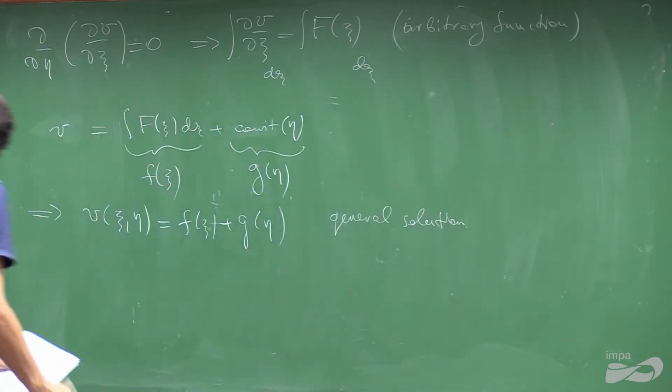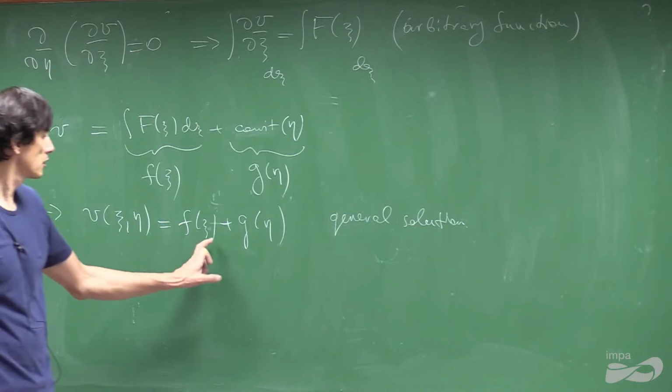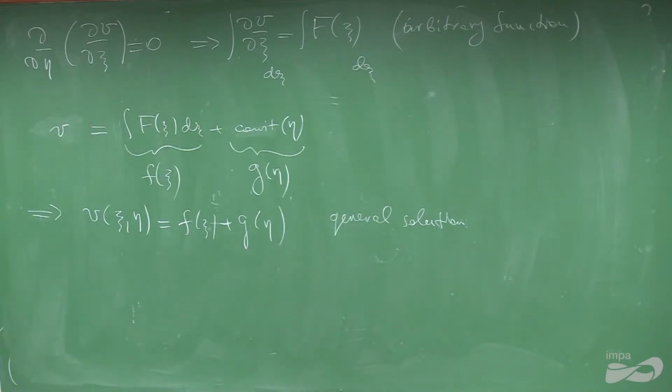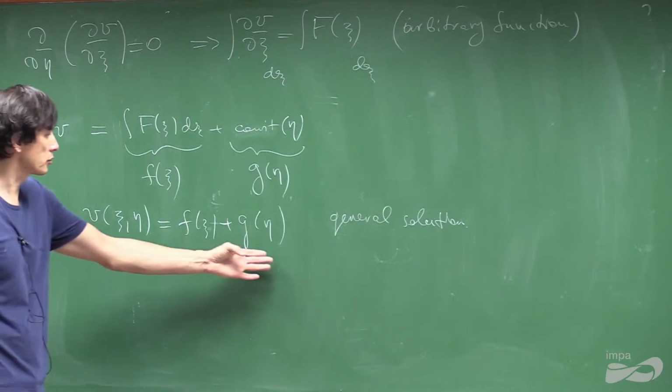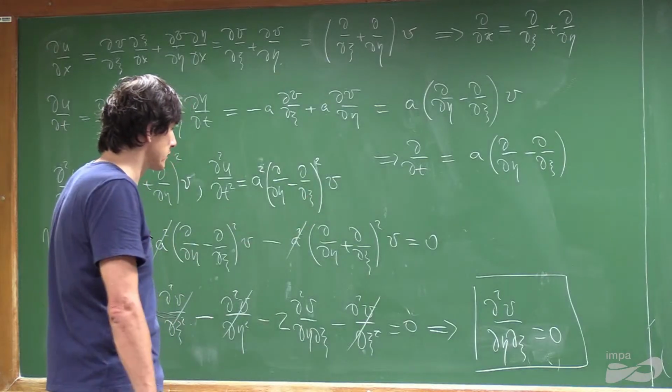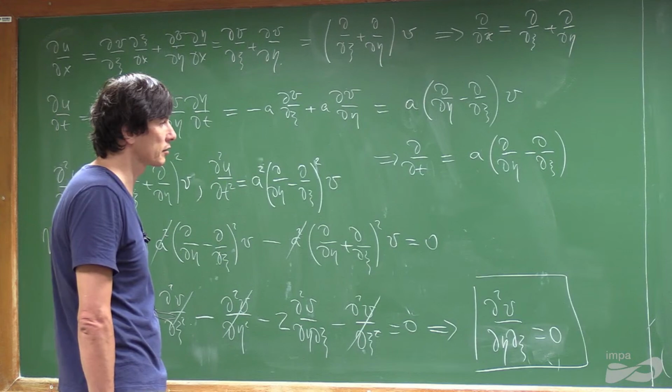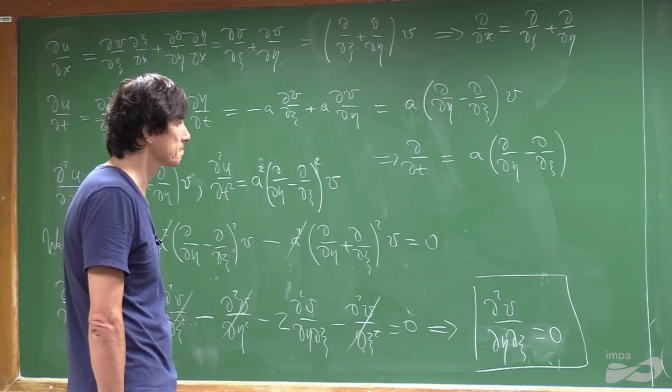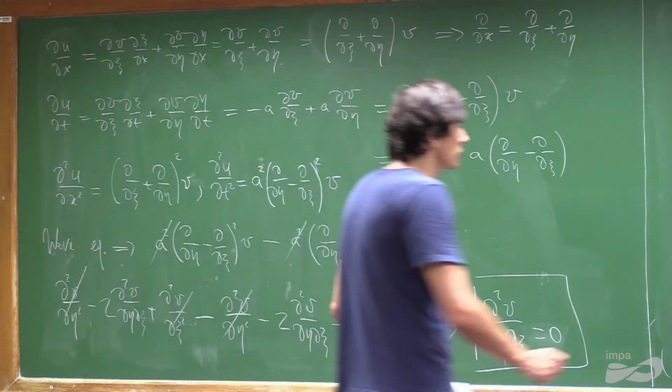In other words, if v is a solution of this equation, it must be a sum of two functions which depend only on psi and eta. And obviously, any function of this form is a solution of this equation, right? Because the first term will be cancelled by the eta derivative, and the second term will be cancelled by the psi derivative. So this is the general solution.